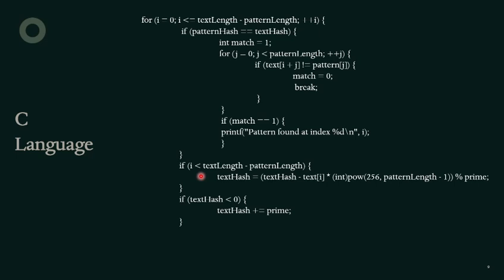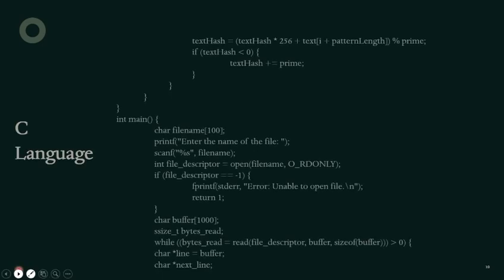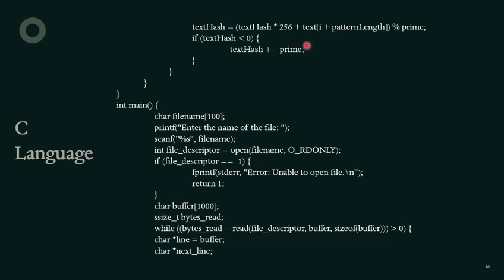What if there is another pattern present further along in the text? And now if we see here, we will change the hash value. Here we are just changing the hash value, and it is the main program.